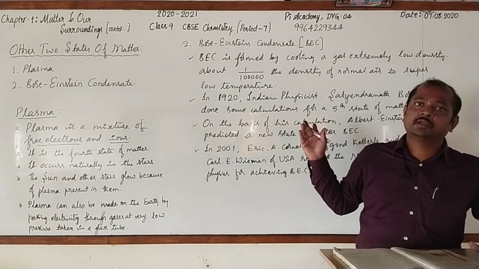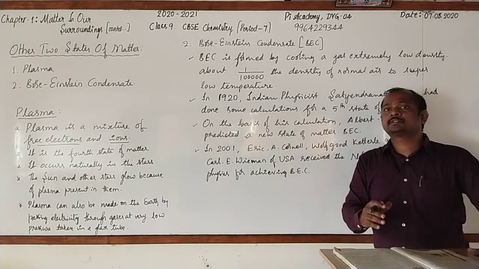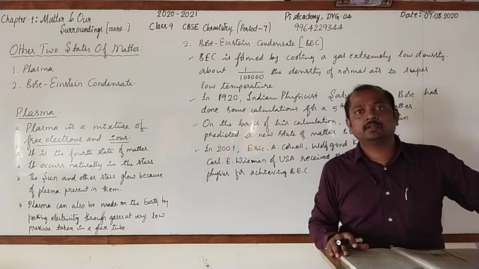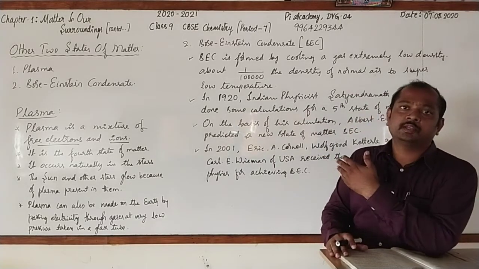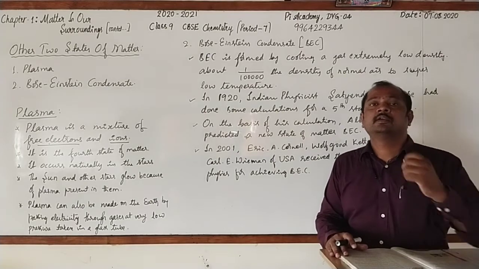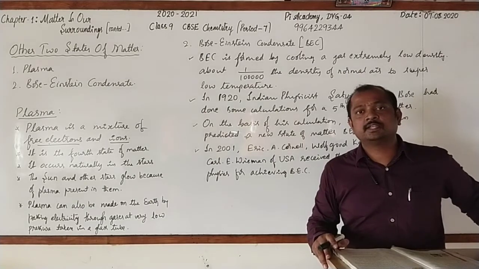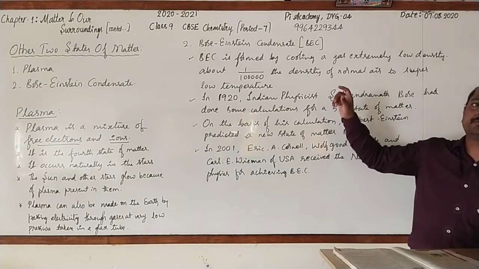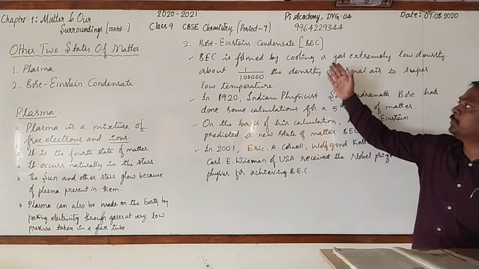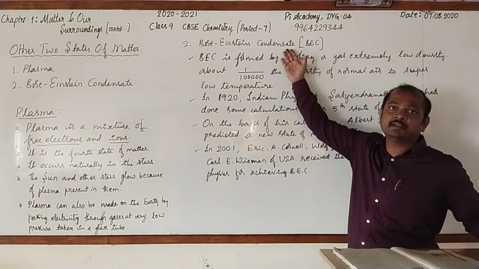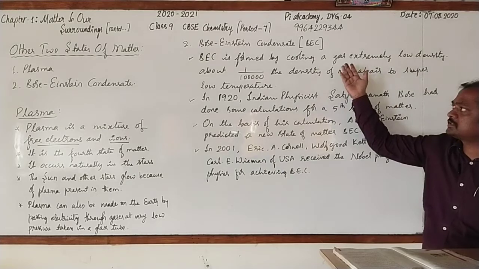After that, the existence of the fifth state of matter was predicted by another scientist, Albert Einstein. Hence, the name given to the fifth state of matter is Bose-Einstein condensate. Then what is this?